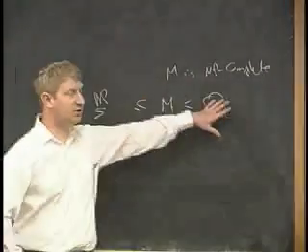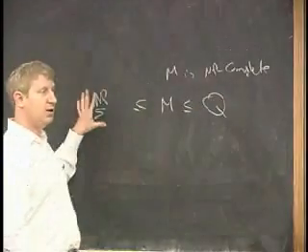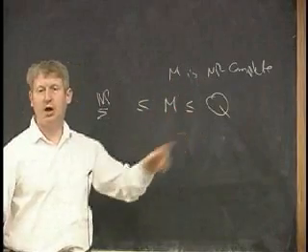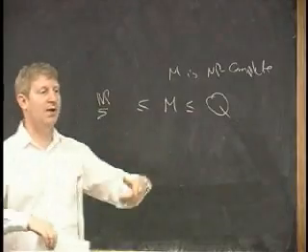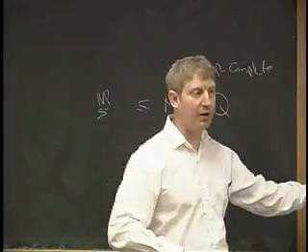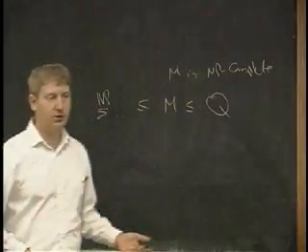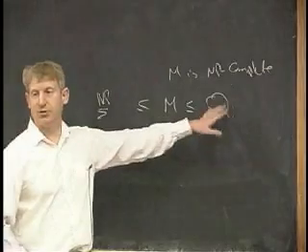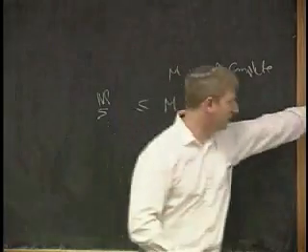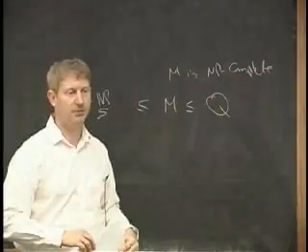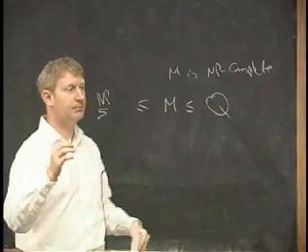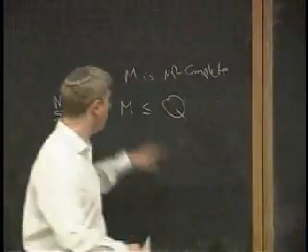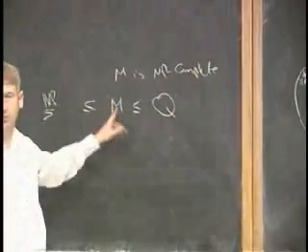And then if this reduces to that problem, then everything in here could be reduced to this problem by a sequence of reductions. And all these reductions are polynomial, so if you do one after the other, it's composing two polynomial functions, and you still get a polynomial. So if M is NP-complete and you reduce it to Q, Q is NP-complete, as long as Q is someplace in the class NP. So you got an unknown problem. You want to show that it's hard. You take a problem that you already know is NP-complete and you reduce it to your problem.